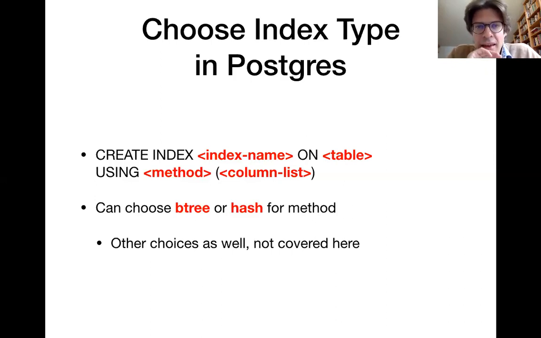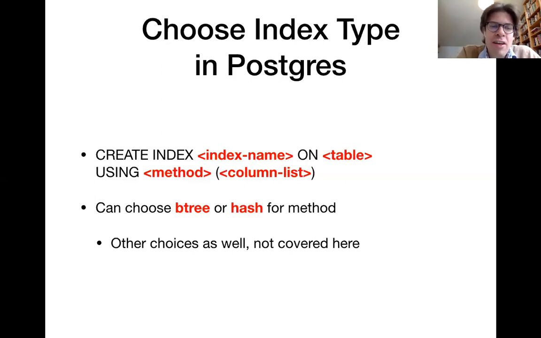So in Postgres, you can generally choose the type of index that is generated. By default, it will generate B trees, but you can specify explicitly which type of index you want to generate. So with the syntax here, create index, then the name of the index, then on the table that the index refers to.